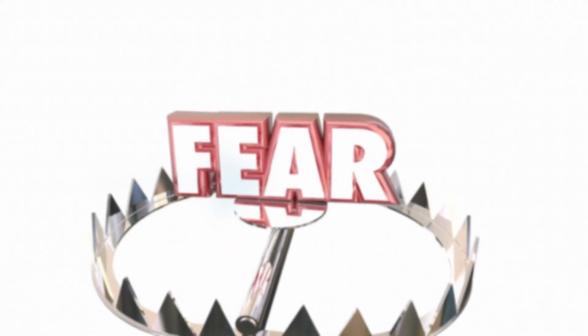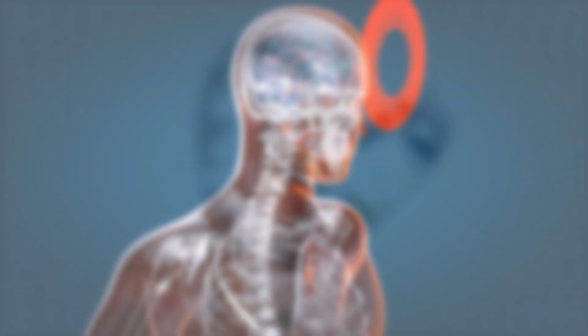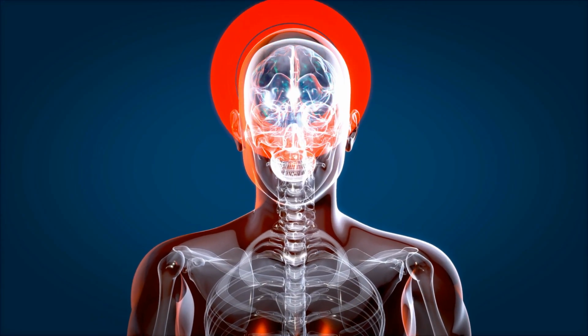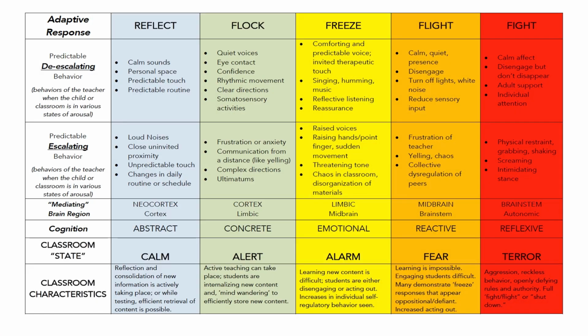Going in the other direction will escalate the situation and make it harder for the child to use the thinking part of their brain. Based on this chart, what are some actions we as parents could take to regulate the child? The predictable de-escalating behaviors section tells us we can give invited touch, quiet, melodic words, singing or humming, and music.